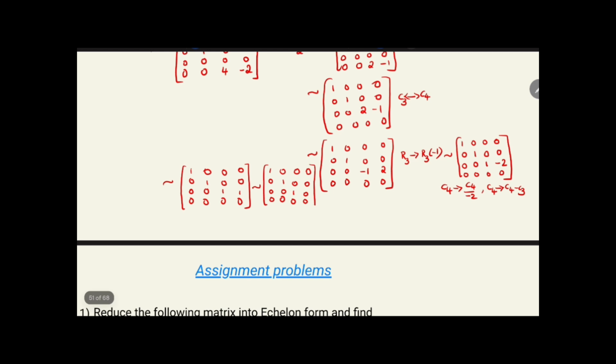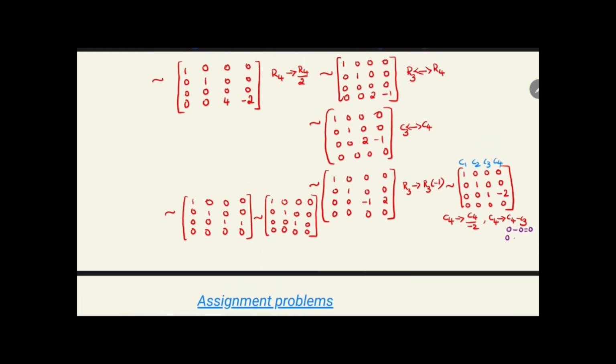Is that clear students? Because see here, C4 minus C3, I will do it here if you want, check it out once again. I will write down, this is C1, C2, C3 and C4. What is the first element of C4? It is 0 minus first element of C3 is 0, so 0 minus 0 is 0. What is the second element?